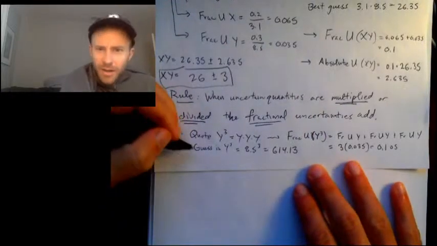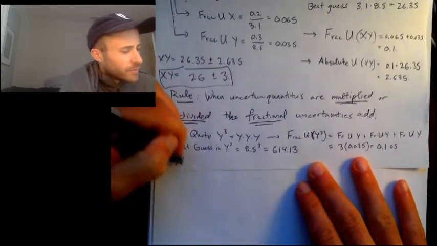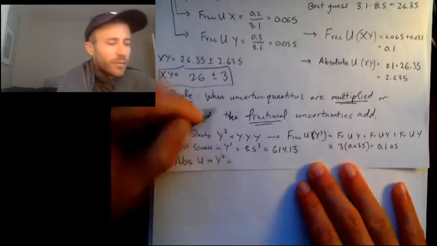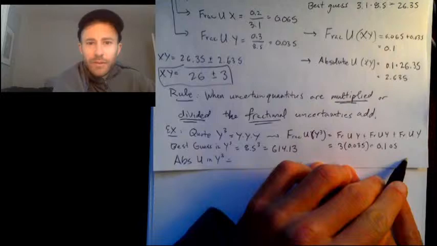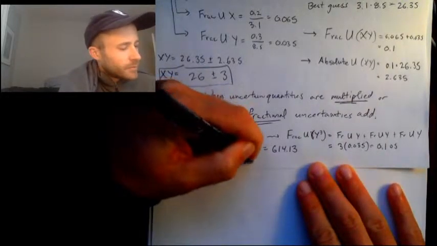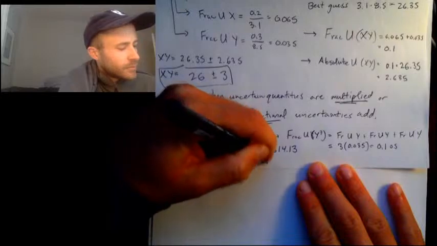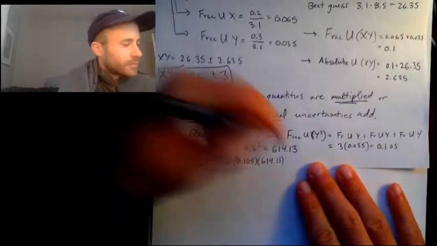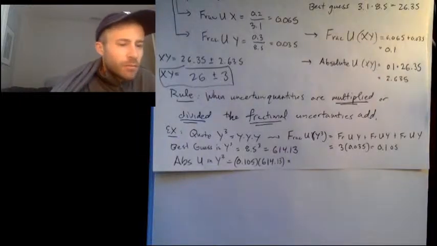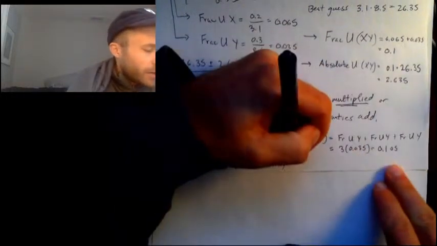So what does that mean about my absolute uncertainty in y cubed? Well, it's going to be 0.105 times 614. And that gives me 64.48.